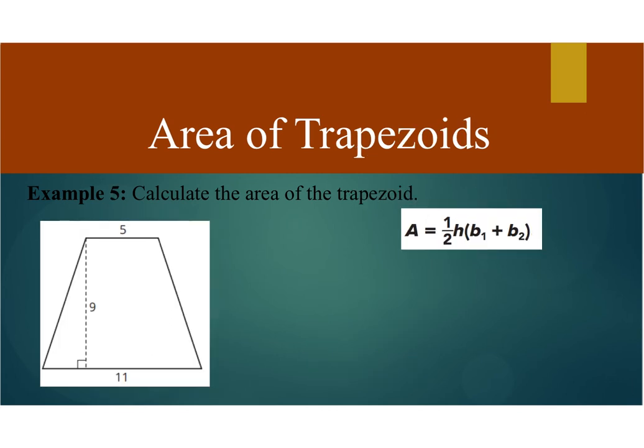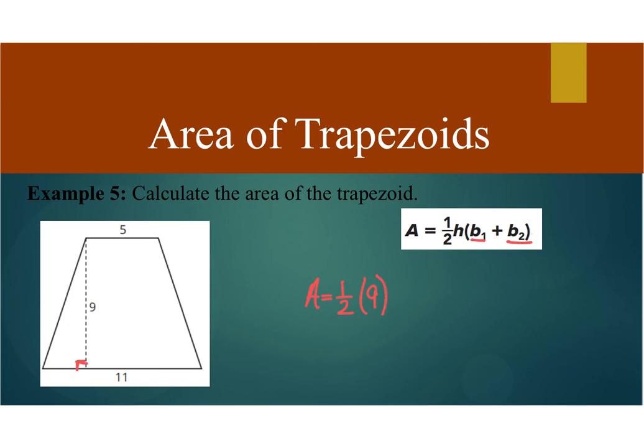Area of a trapezoid. So here we have multiple things going on, but it's 1/2 height, and then we take the base 1 and add it to base 2 and multiply it with the height. So we're just going to plug in again. So area equals 1/2. We're looking at the altitude where it forms that right angle. That's my height.